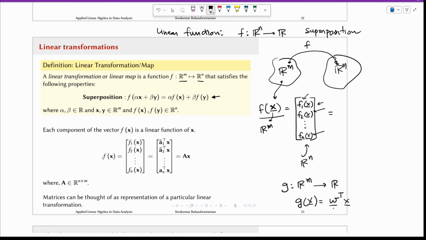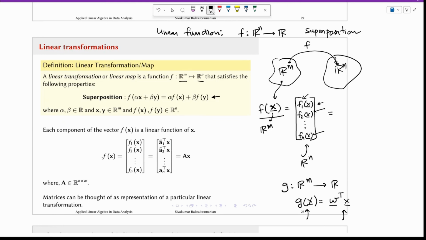A linear function can always be represented like this by appropriate W. We can always find a W such that g of X can be written as W transpose X. Okay? And W is a constant. W depends only on g. X you are free to choose. You can put any number into the function, but W is determined by g completely, or g determines W, and W determines g.